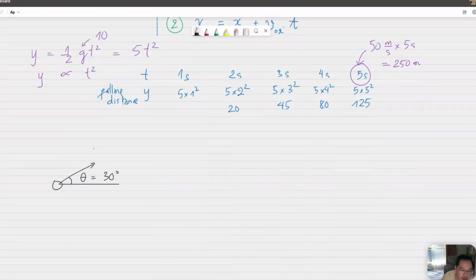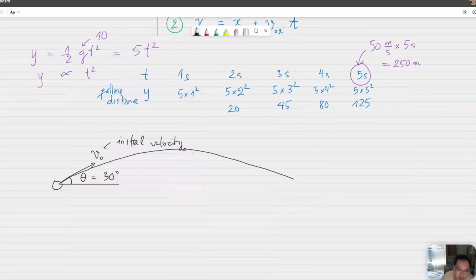The initial velocity, let's say vi, because it is in agreement with the given formula sheet. To calculate the time it stays in the air, also called the time of flight, it goes to the top here, and then falls.